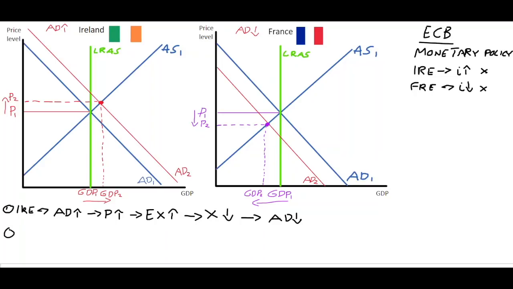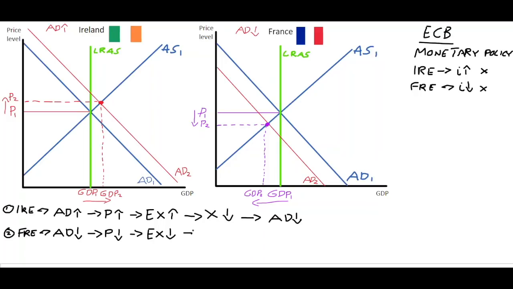In the French case here, the opposite would happen. So in France, we have aggregate demand falling, so AD decreases. We know, because we saw, that this causes the price level to drop as well. If the French reverted to their national currency of the French franc, what would happen with a price fall is that, all else the same, their exchange rate would also fall. The French franc would depreciate.